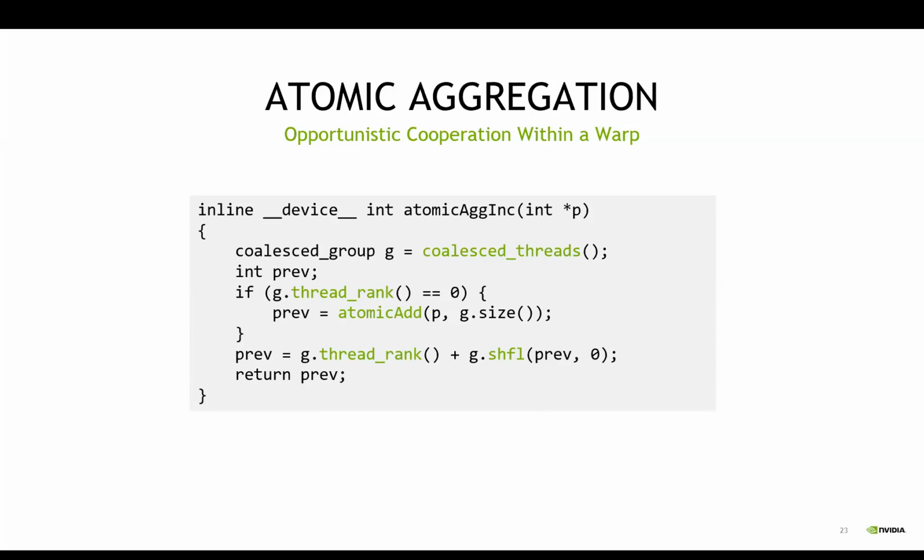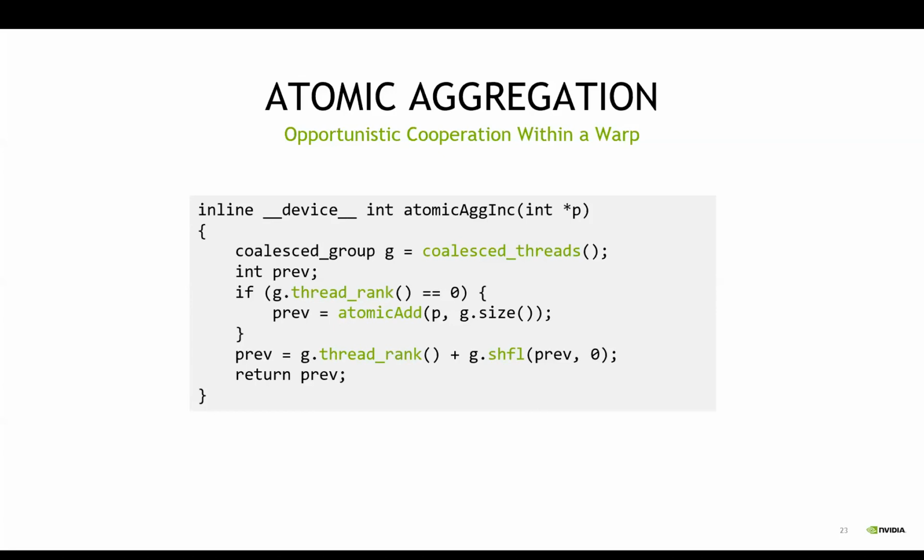It could result in a significant reduction in atomic pressure when considered across a thread block or across a grid. If I have a lot of atomic activity going on, atomic aggregation at the group level could result in a significant reduction in atomic pressure. So let's walk through this code and see how that is accomplished. I'm going to use this atomic ag inc just like I might use atomic increment or atomic add maybe.